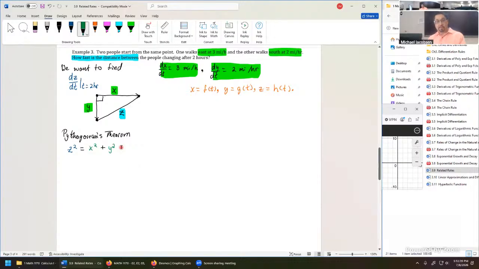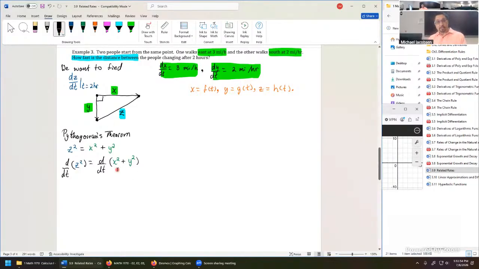Now we have a relationship, and we can differentiate this with respect to time, because that's the derivative we want to determine, dz/dt, at 2 hours. So we take the derivative of the left-hand side, d/dt of z squared, and the derivative of the entire right-hand side, d/dt of x squared plus y squared, and from here, we're kind of on our way.